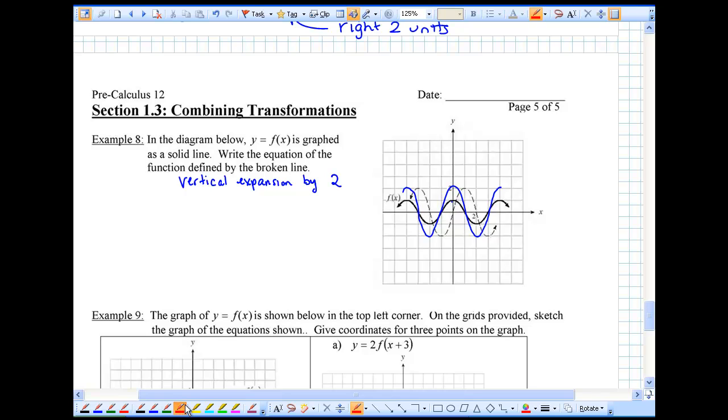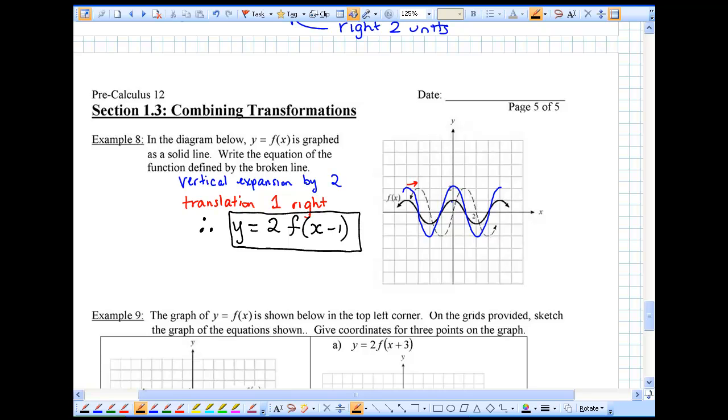So if I were now to take the blue line and actually shift everything 1 to the right, I think I now have a translation 1 to the right. And if I do that, I believe it matches up the dotted line. So what's the actual equation given these two things? Well, vertical expansion by a factor of 2 means you put a 2 in front of the f of x function. A translation 1 to the right means you go x minus 1. And that would be a very correct answer.